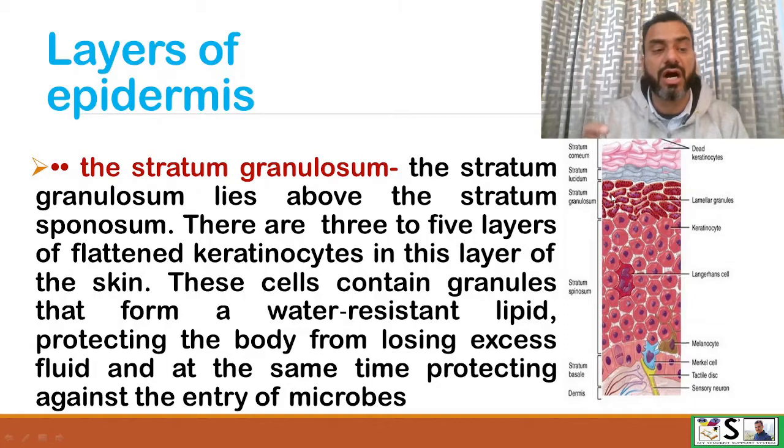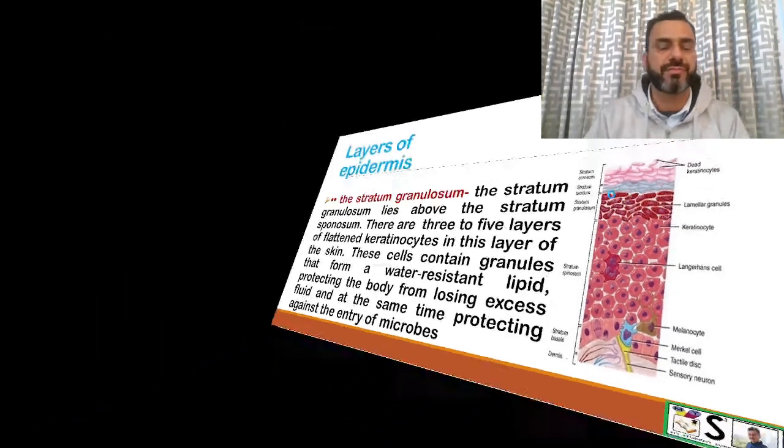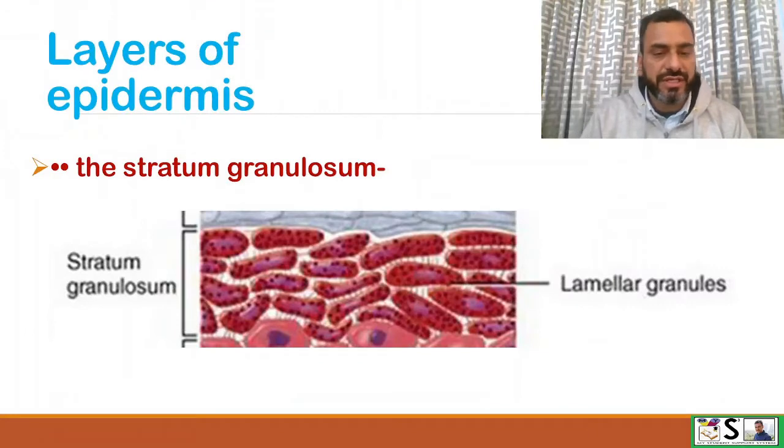These granules are made up of water-resistant lipid, protecting the body from losing excess fluid and at the same time protecting against the entry of microbes. Here, this is stratum granulosum. Granules are clearly seen.